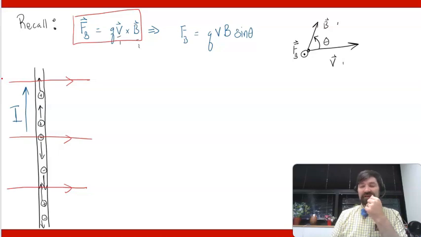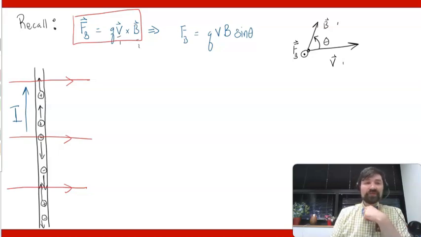Note that if I have a negative charge, that's like putting a minus sign with the rest of this system. So if I'm going to draw forces on these charges, let's do it in purple. v is sort of upward along the screen. B is to the right.